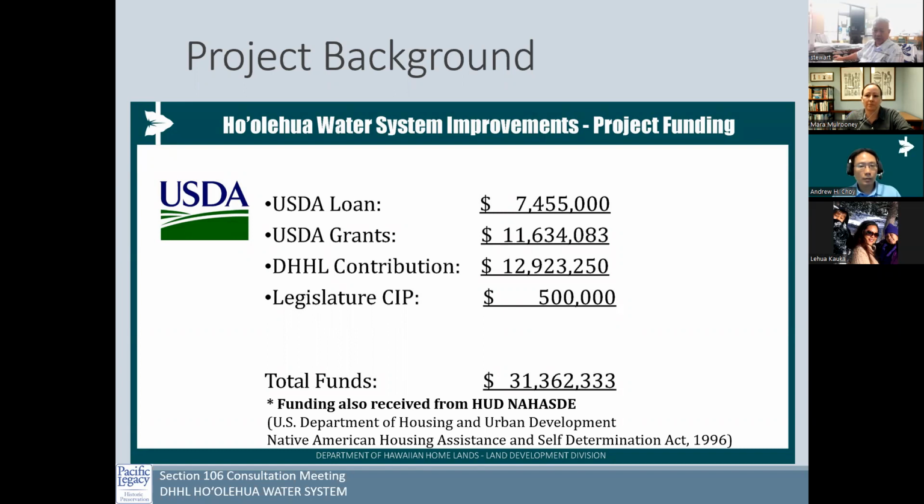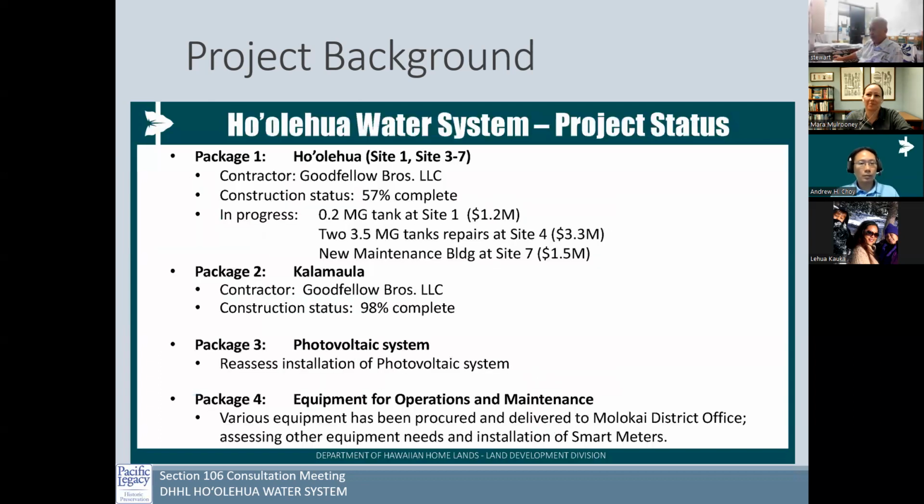So that's a really good point to be at in this project. We're still looking at about a year to finish all of the construction. So that is a quick summary of where we're at right now.